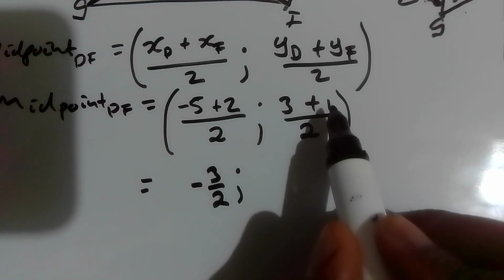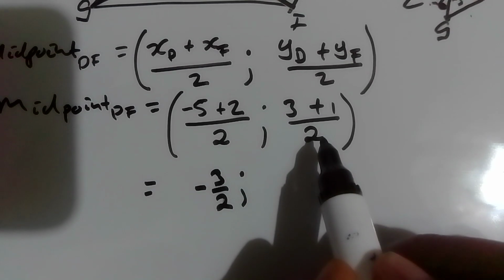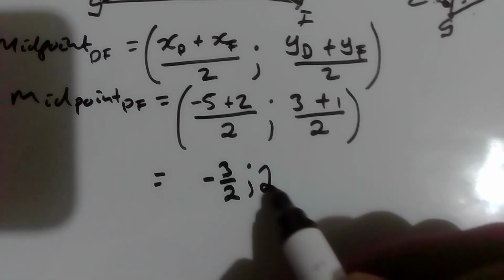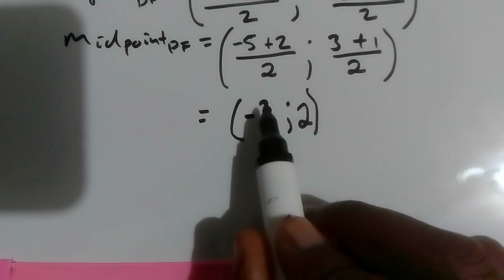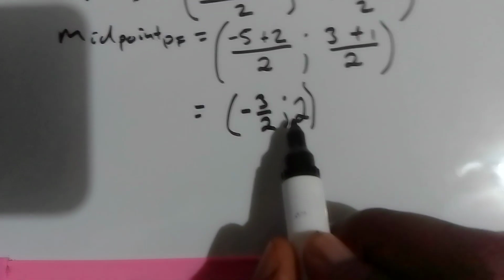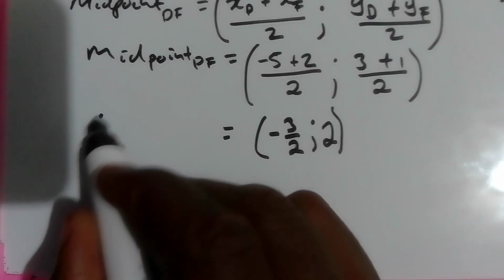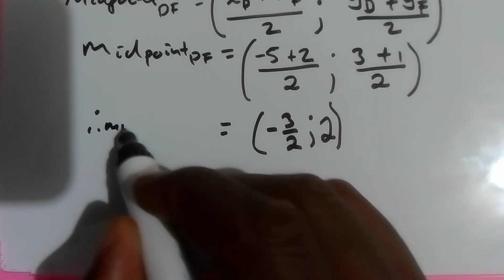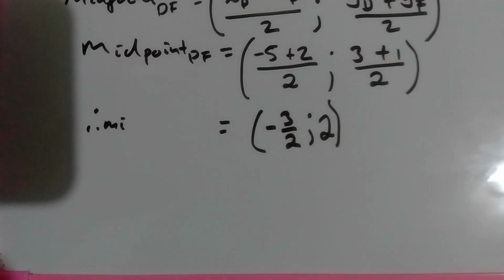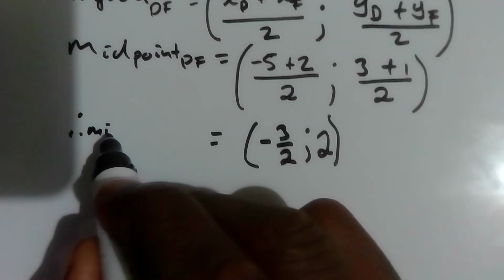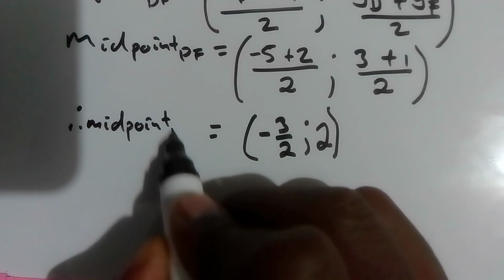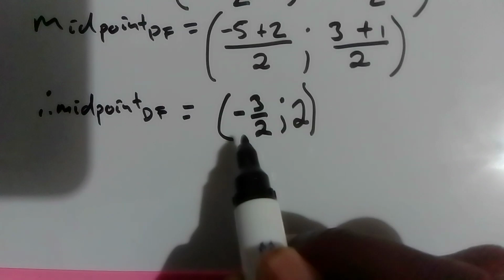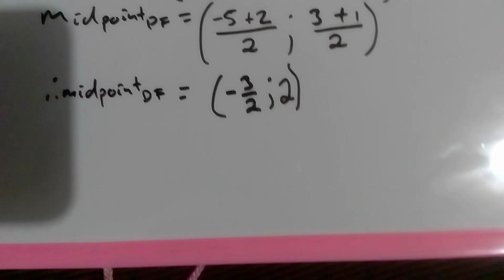And here 3 plus 1 is equal to 4. 4 divided by 2 gives me 2. So I got negative 3 over 2 as the x-coordinate and 2 as the y-coordinate. Therefore, midpoint DF is equal to these coordinates.